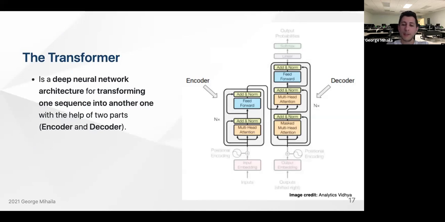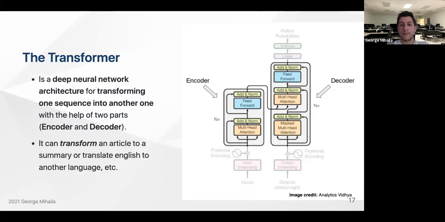On the schematics, we have the encoder on the left side and the decoder on the right side. The encoder is the part where you feed in the input text data, and the decoder is the part that outputs other text data or other formats of the input. You can transform an article into a summary, for example, or translate English to another language, and so on. That's the whole idea of transforming one sequence into another one.